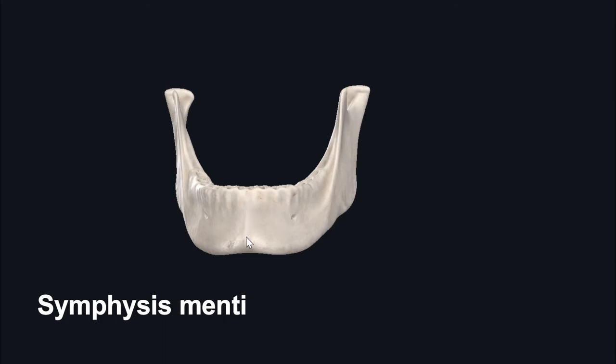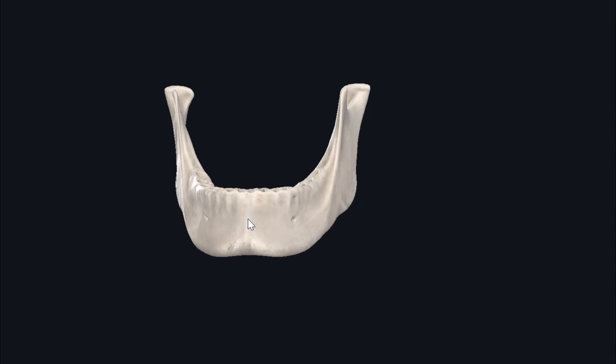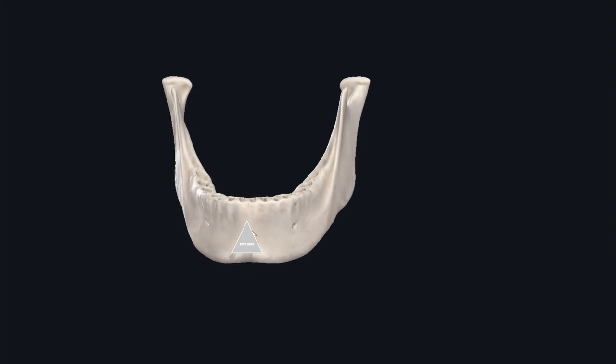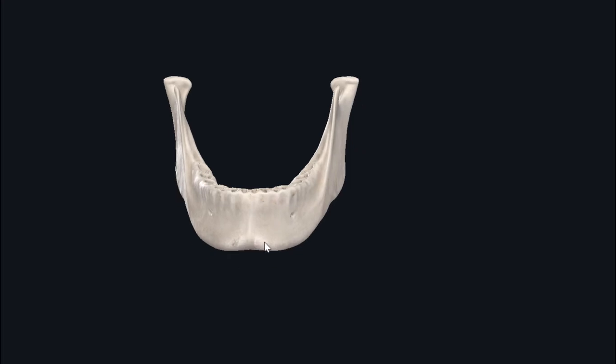Below the symphysis menti, on the lower part, there is a triangular protuberance called the mental protuberance. Mental protuberance has a triangle-like appearance here. On the base, it has a bifurcated elevation called the mental tubercle.